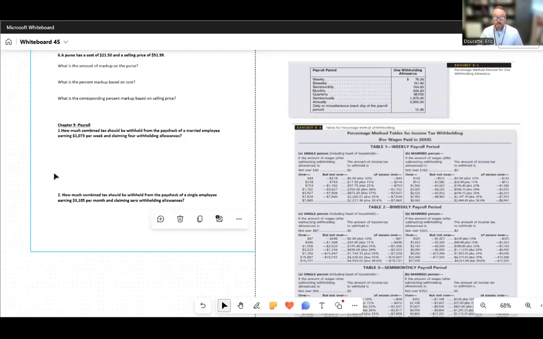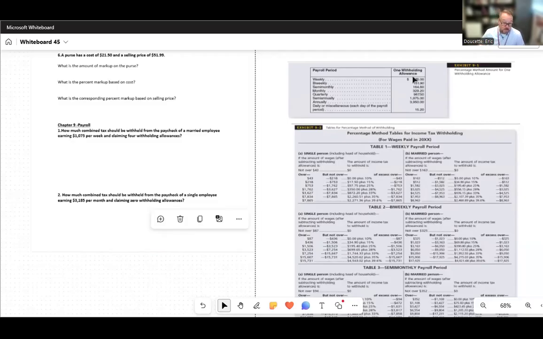These two problems right here are some payroll problems, and then we have 2 more pages of working out some payroll problems. If you notice to the right, you do see the payroll exhibits. Exhibit number 9-1 is your payroll period, so how you're paid, and then how many allowances you've claimed on your W-4 form when you got employed.